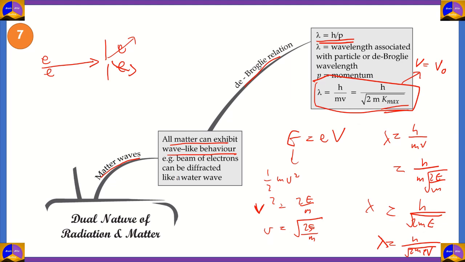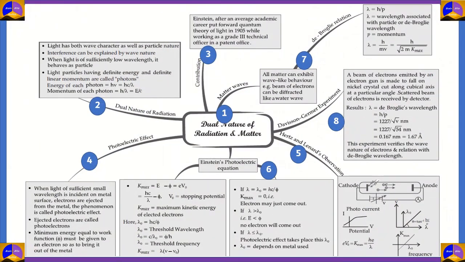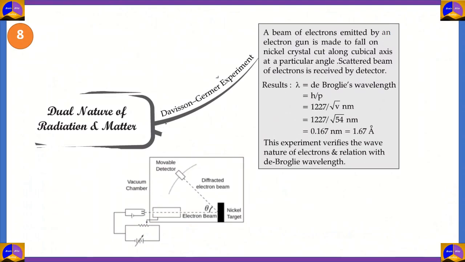Now, this was all theoretical. We need practical proof in order to prove these theories. So, what happened? In order to prove de Broglie's relation, Davisson and Germer decided to conduct an experiment.